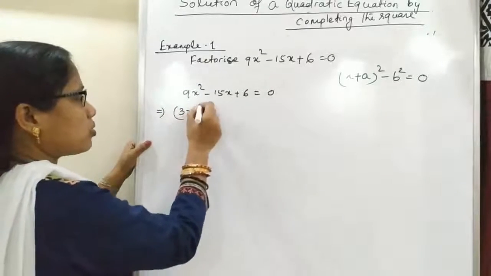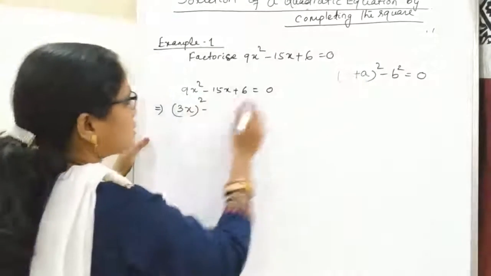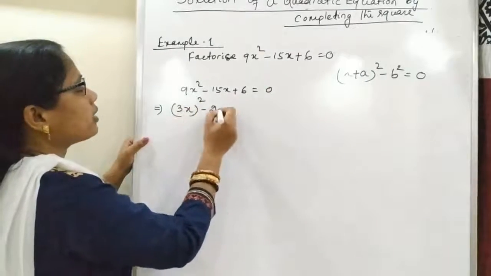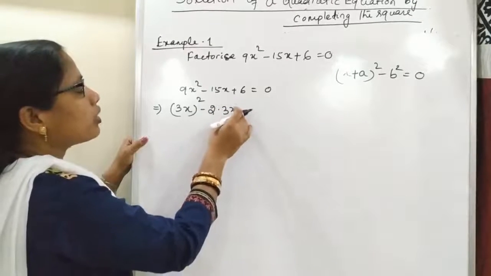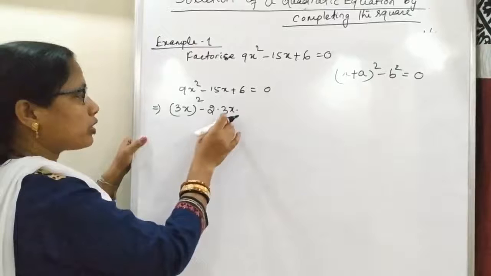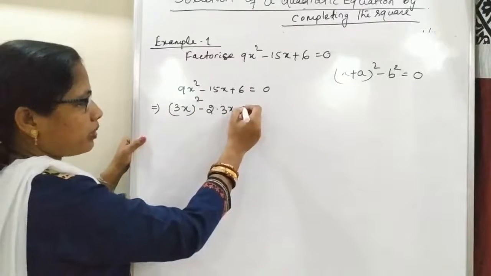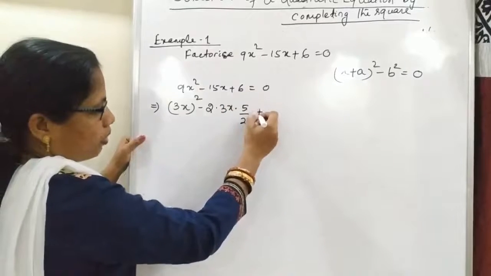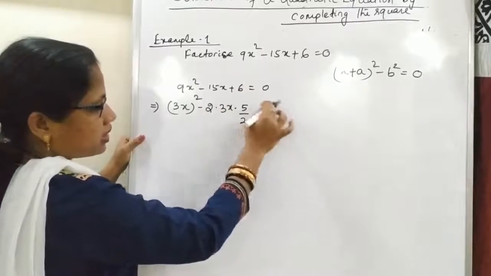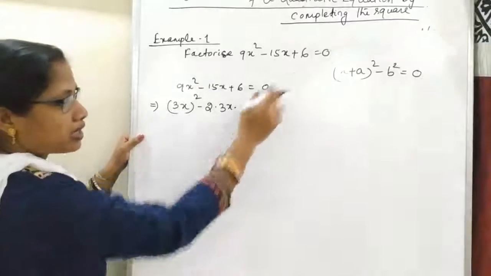So 3x whole square minus, it should be 2ax. So 3x is already there, we multiply with a number so that the product will be minus 15x. So multiply 5 by 2. Plus 6, here 6 is there, plus we have to add one term, that is a square.